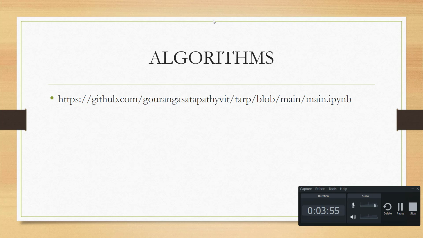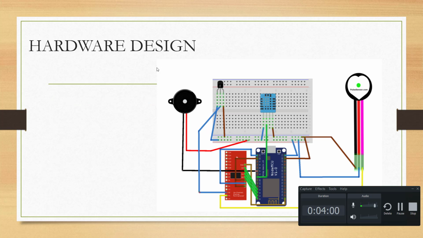The hardware design. So yeah, thank you, Bisma. This is the hardware design part, in which this is the pulse sensor, and this one is the LM35, and the green sensor is the DHT11, which measures the outside temperature as well as the humidity.